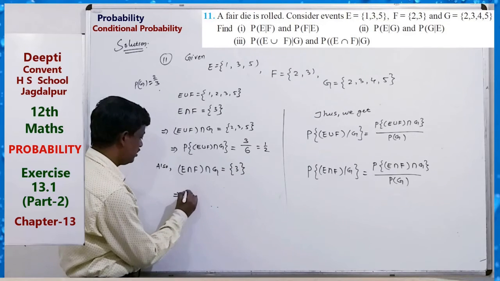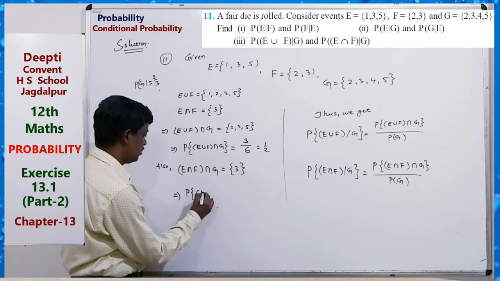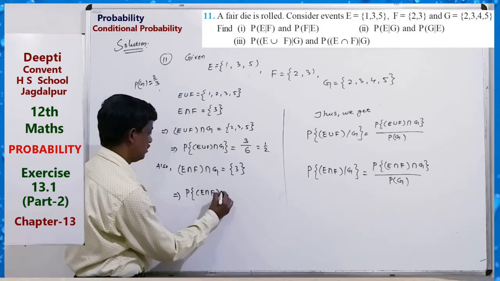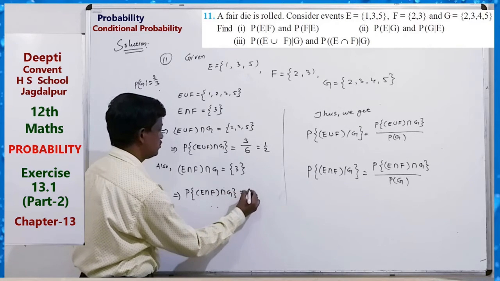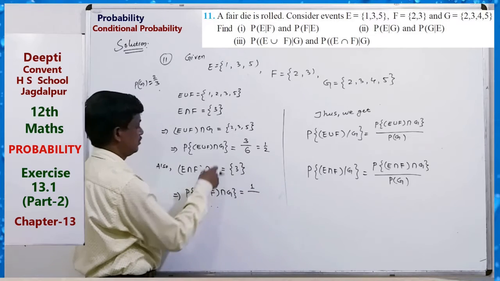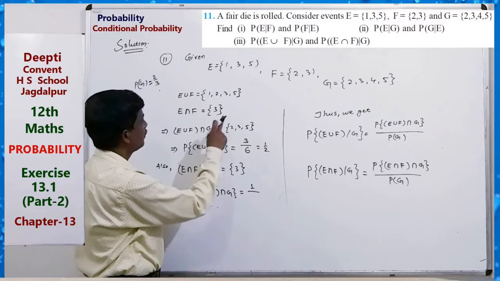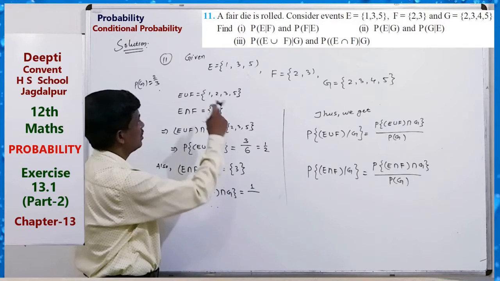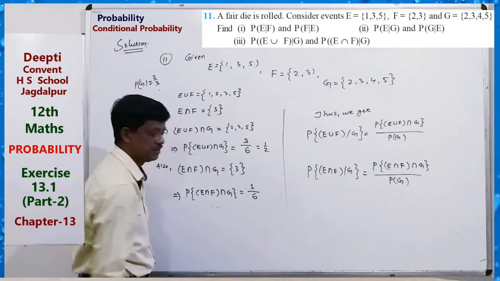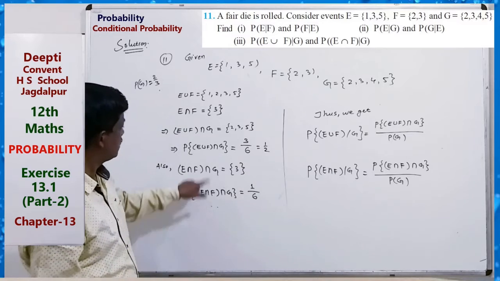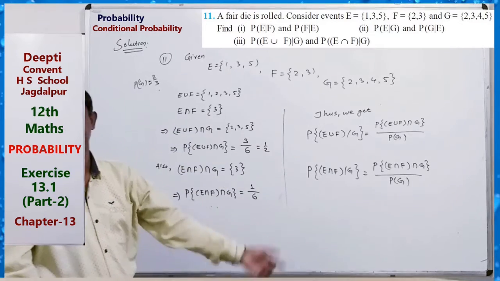So the probability of E intersection F intersection G equals 1 by total 6. Just use this information here, we can find the value.